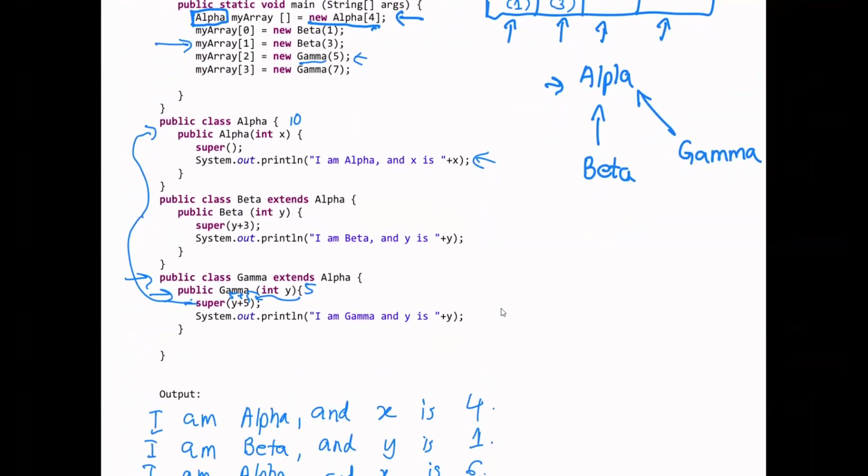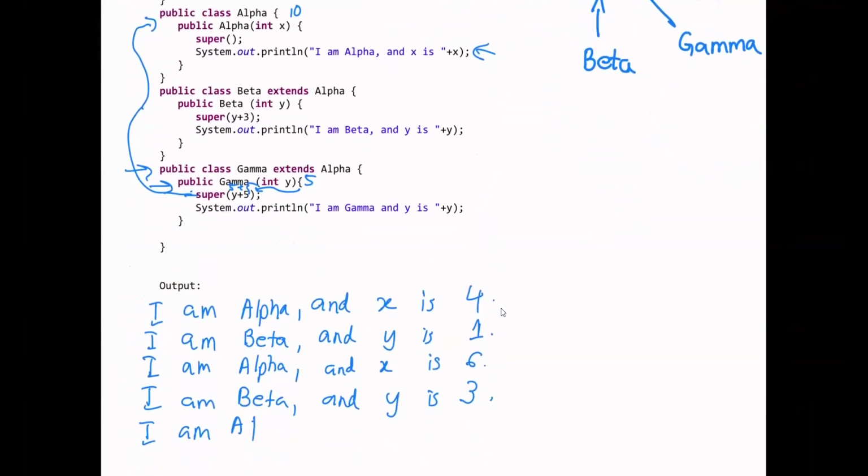Yeah, gamma with number 5. So it will be 5 plus 5, 10. And then I am alpha and x is 10. Since I finished, I will go back here, and I am gamma and y is 5.